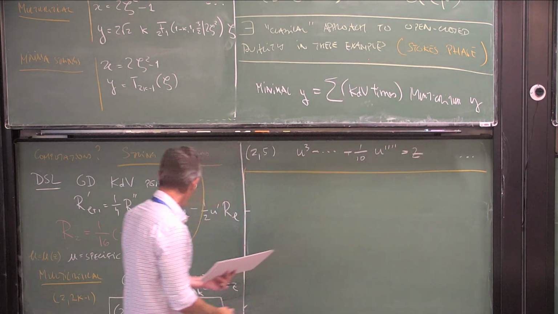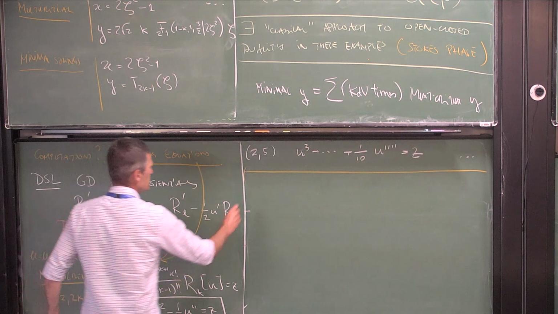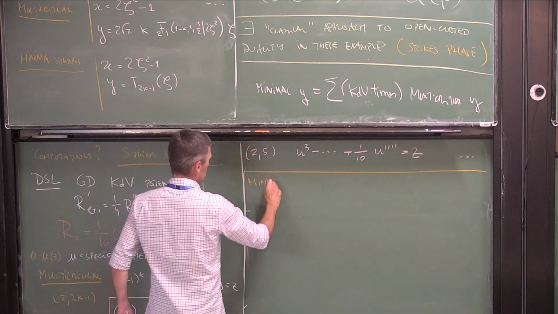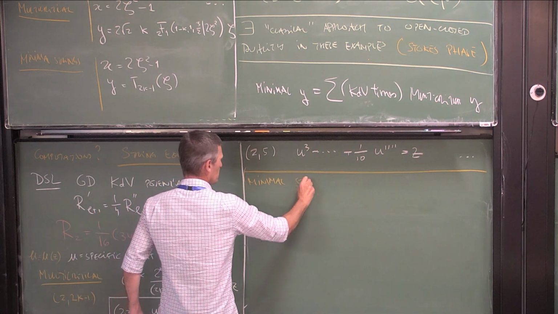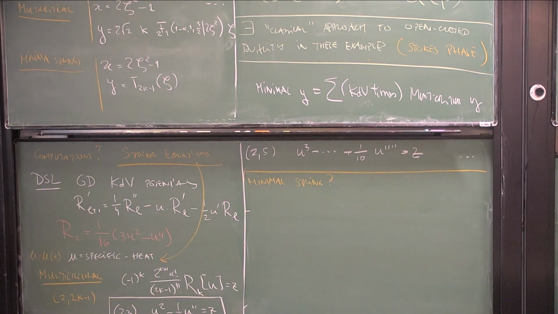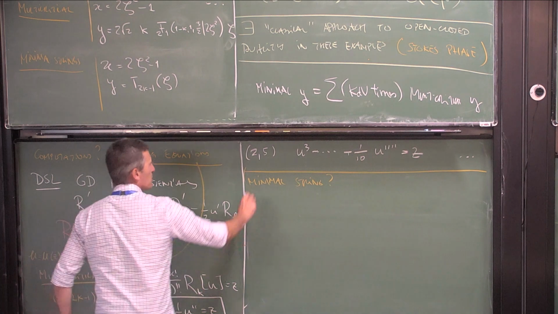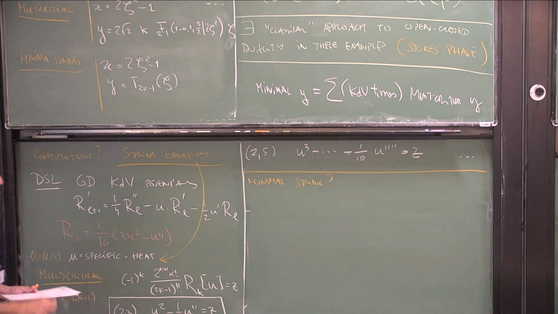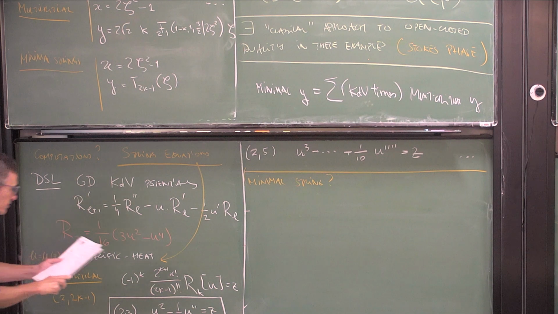And now let me just say, how would you do the minimal string case? Just to tell you that there's a minimal string. Solving these equations, I should have put in the box there because there's another equation. Solving these equations is not enough if you want to basically solve all possible problems you may have.